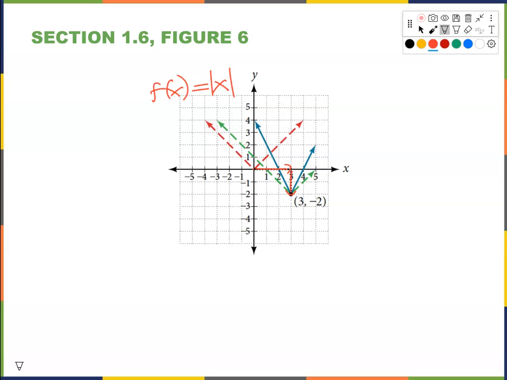Is that right? And the next is look at the distance from here to here. 1, 2, 3, 4, 5, 6, 7, 8 units. How about here? 1, 2, 3, 4. So notice that this is twice this. So how do we write an equation for that?